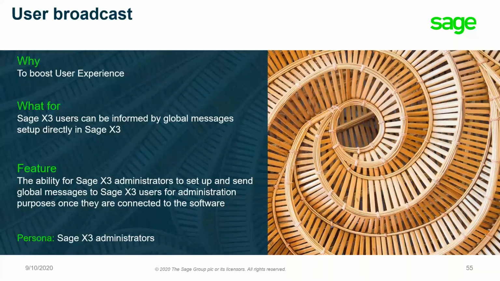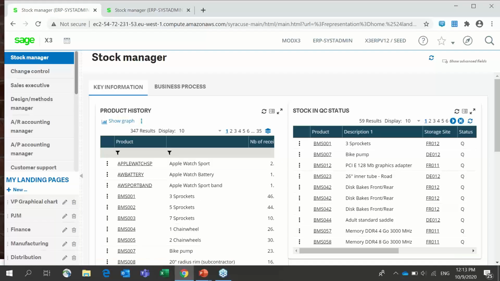Thanks to this feature, if your Sage X3 administrator has something to announce, for example, a downtime for system maintenance between which day and which day, between which time and which time, of course the administrator can send an email to all the Sage X3 users, but they can also set up a message directly in X3, so that when a Sage X3 user connects to X3, the user can see the announcement. Okay, a quick demo for that.